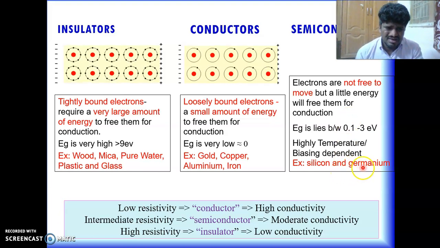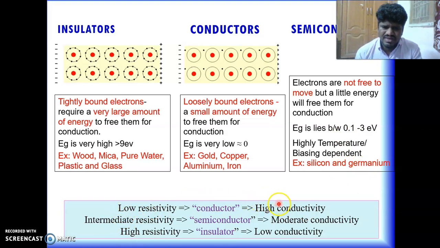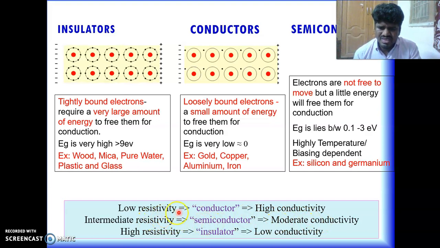Examples are silicon and germanium. Conductors have low resistivity and high conductivity, and insulators have high resistivity and low conductivity. But for semiconductors, resistivity and conductivity are intermediate between conductors and insulators.